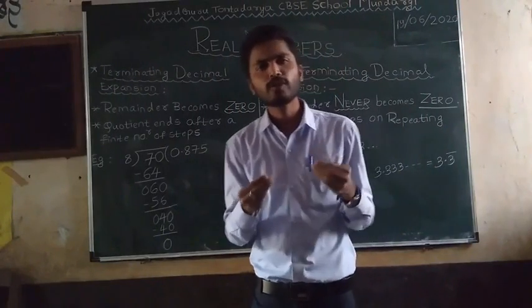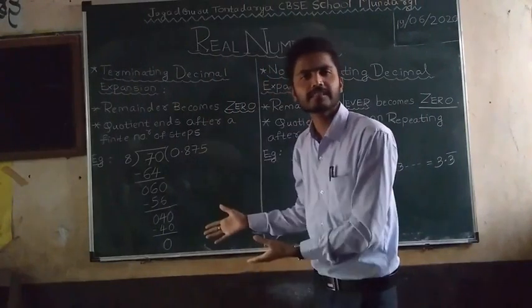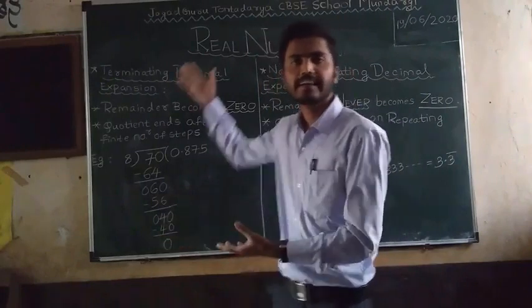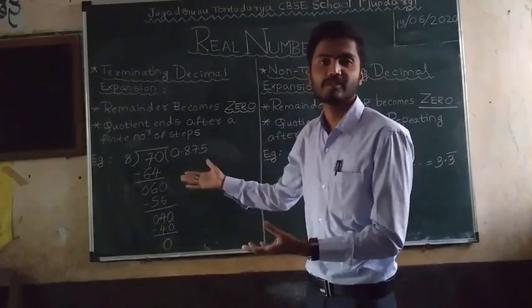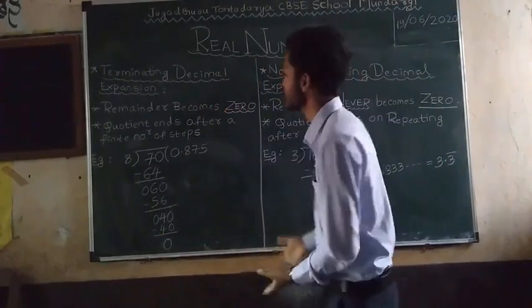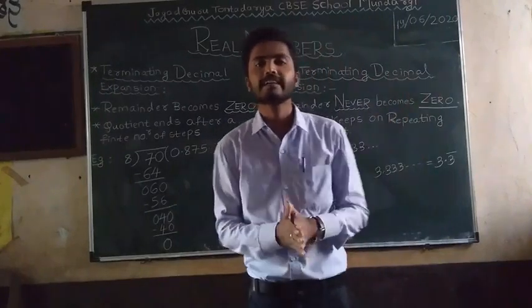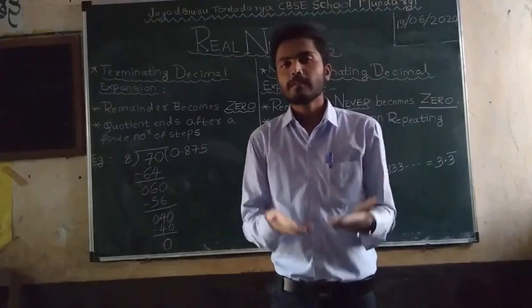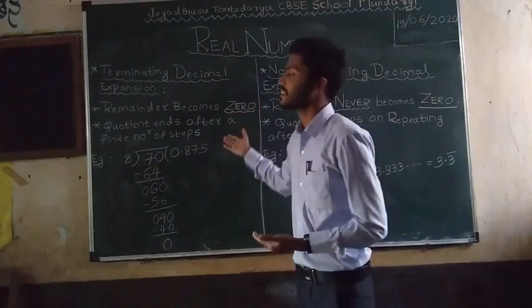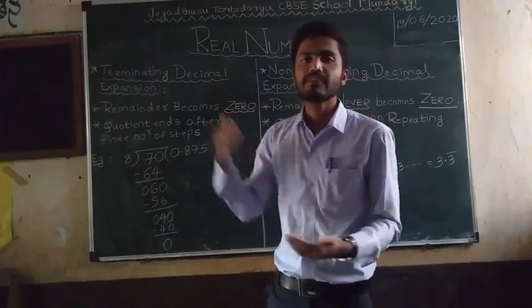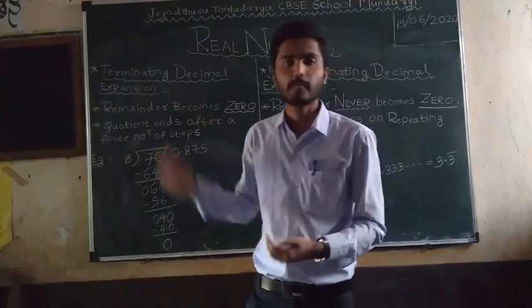Are you able to do it by the long division method? No, right? It takes years together, not days, to classify it as terminating or non-terminating. Hence, we have improvised this technique to a further level, which we are going to study now.